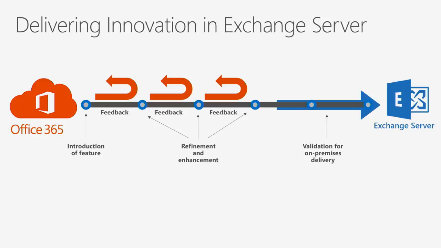And then we'll get very quick feedback on the usefulness of a feature. We'll be able to refine it, enhance it, and whatnot. And then when it comes time, we will collect in code all the enhancements, all the features, everything that we think would be a benefit for on-premises deployments, and we'll package that up and ship that as either a major release of Exchange Server or a cumulative update or service pack to an Exchange Server.